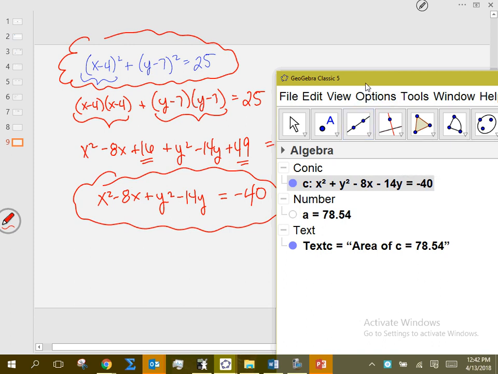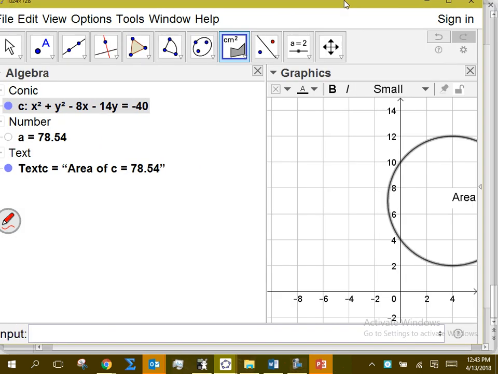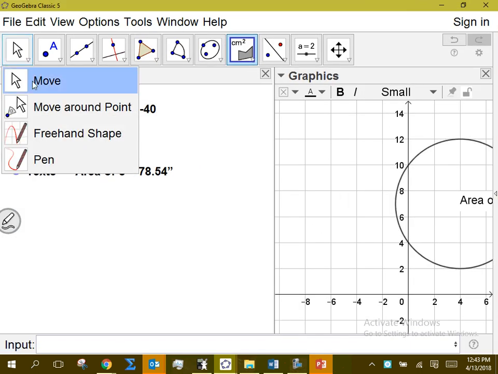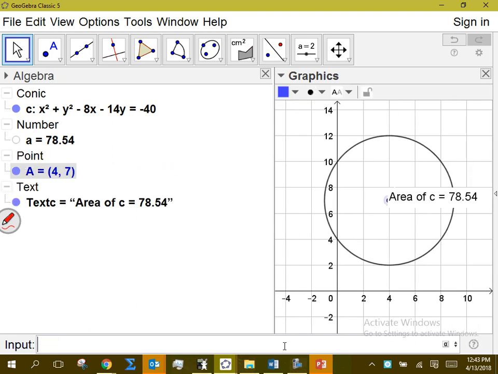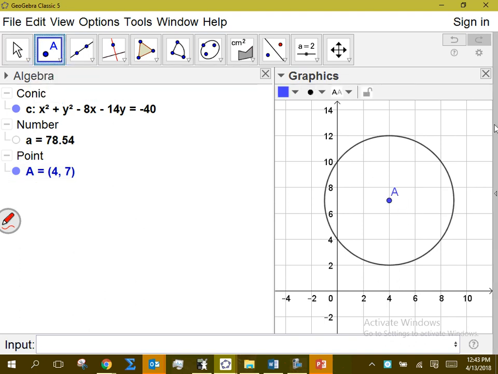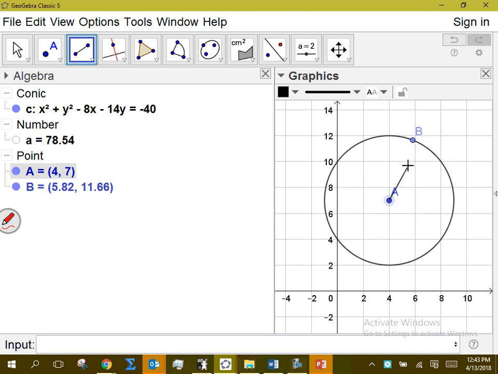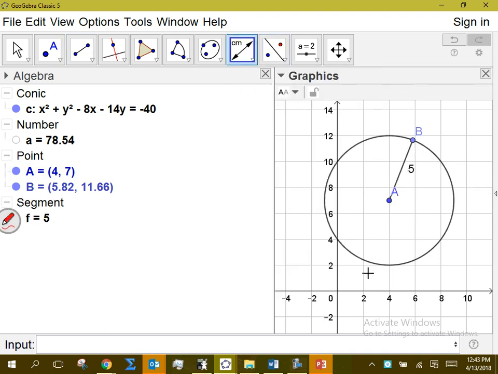Okay, so if I were to graph this, they're both producing this circle centered at (4, 7), okay? And if they're centered at (4, 7), it has a radius of, and that distance right there, a radius of 5, okay?